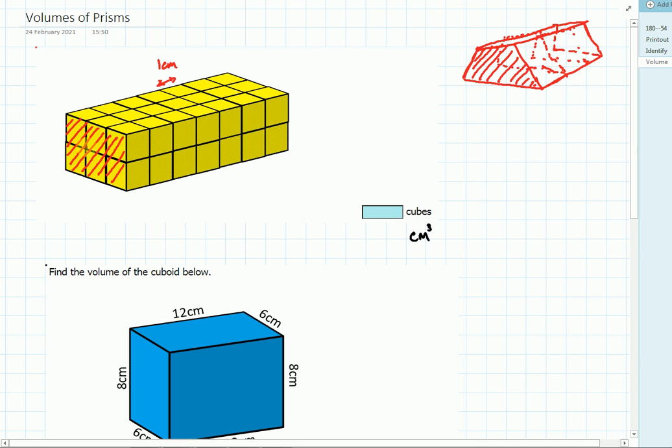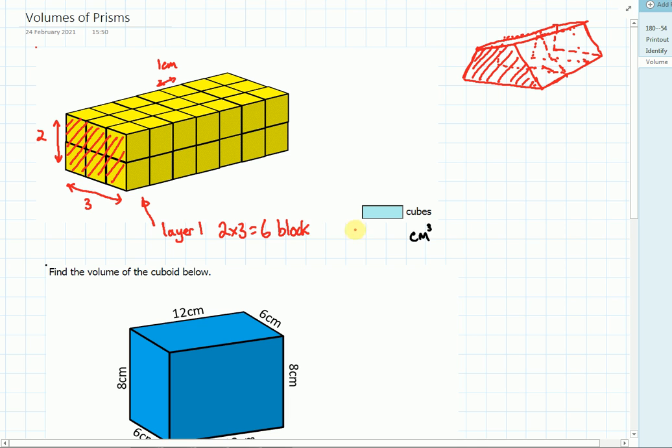The end on this is made up of 3 blocks by 2. So the number of blocks in this first layer is 2 times 3, or 6 blocks.